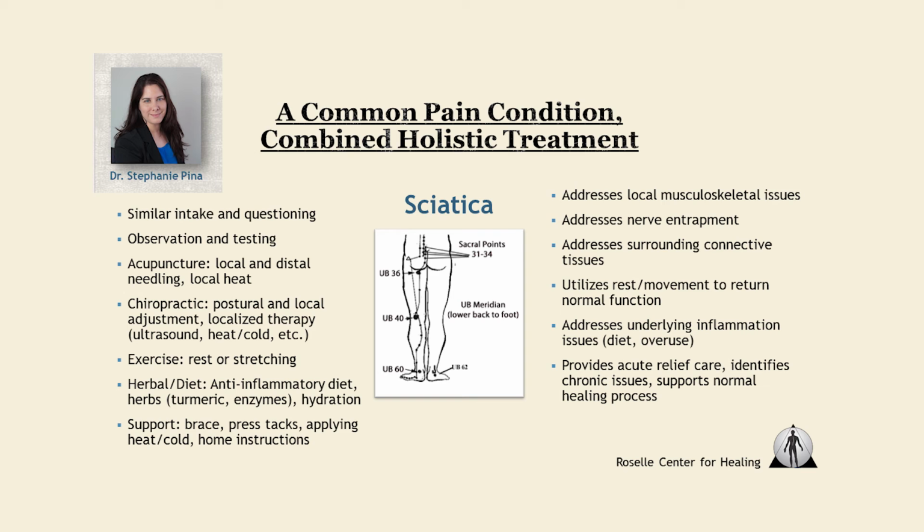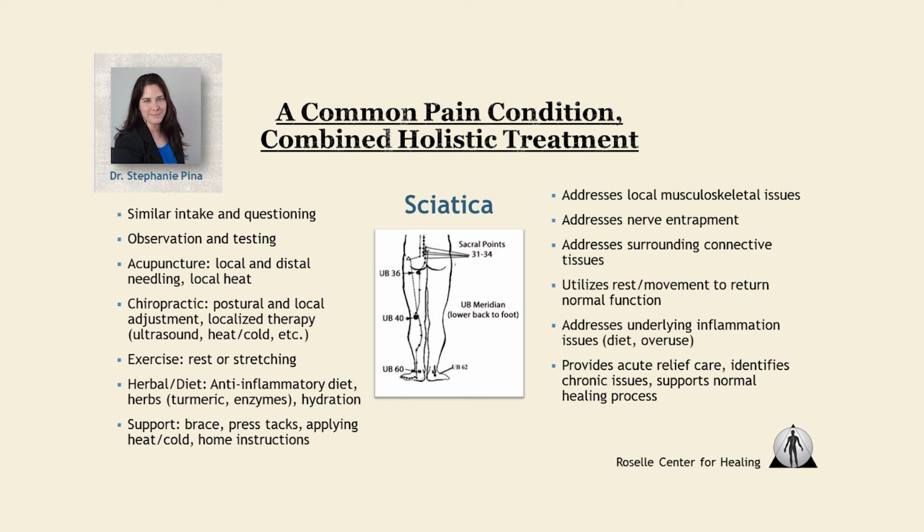Some kind of exercise or rehab might be given, or for patients who are overactive, rest may be prescribed. The nutritionist may come in and actually realize that this patient has a really bad diet, and essentially they need to have a diet that's made up of anti-inflammatory foods. So they might make adjustments there to make sure that the inflammation that's going on with their sciatica can decrease. They don't want to add to the pain. They want to try to put the body in the best possible place to help out with healing.